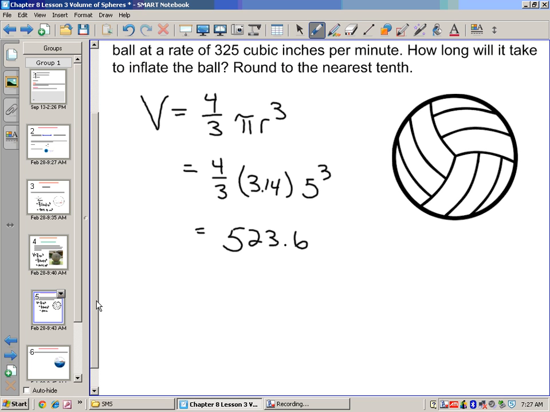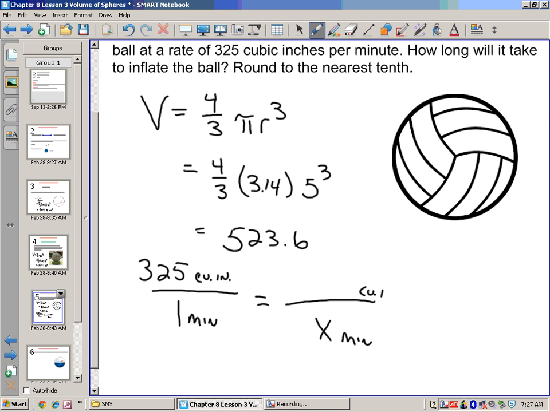So they gave us a rate of 325 cubic inches per minute, 1 minute. So then that's our ratio there. Now, do we know how many minutes? No, that's what we're solving for. We have our cubic inches though, which we just solved for in our volume, which is 523.6.